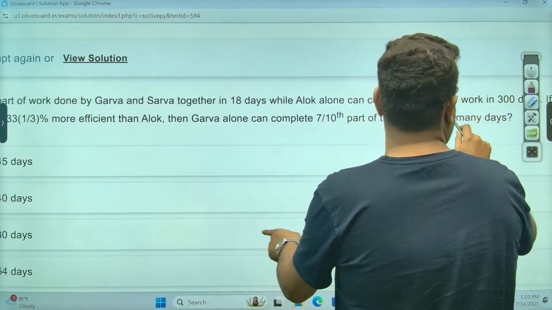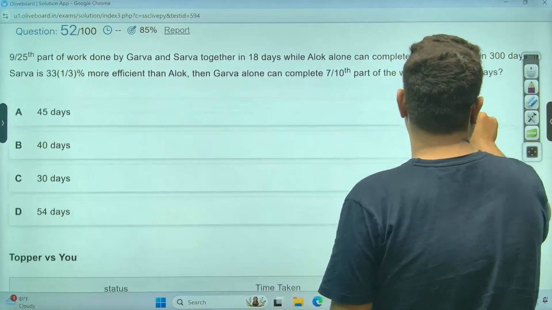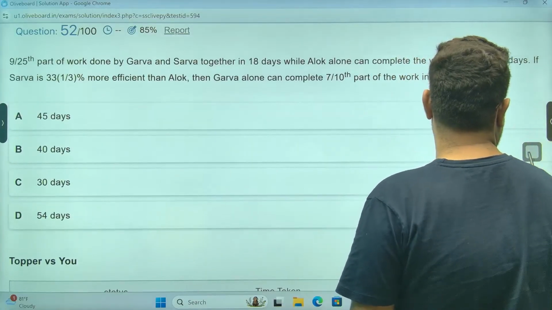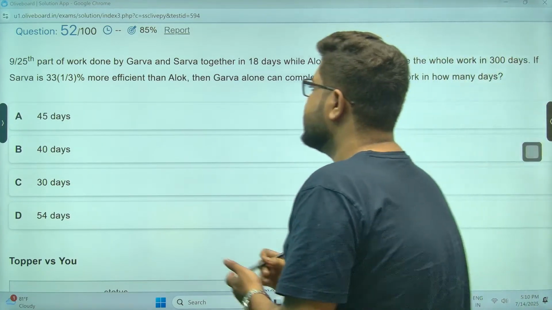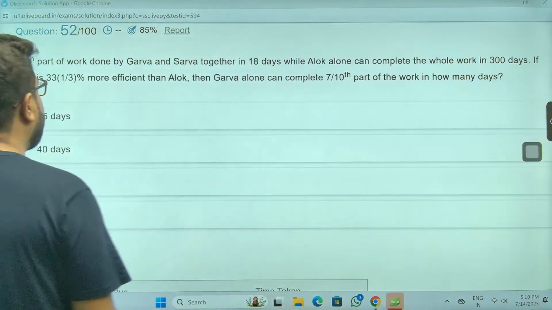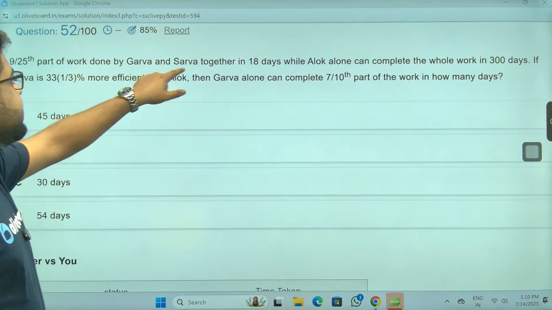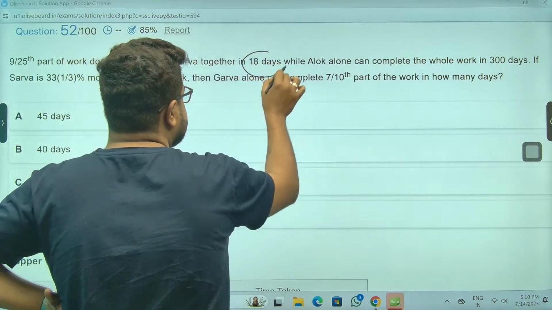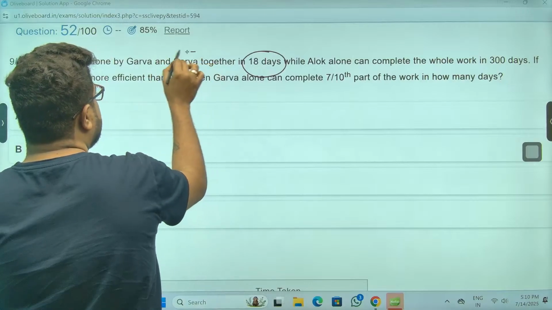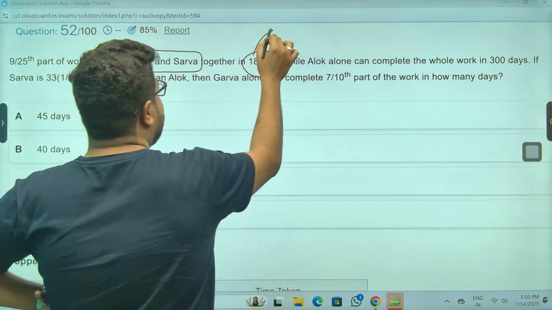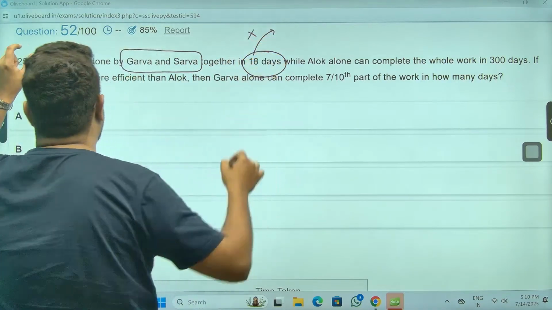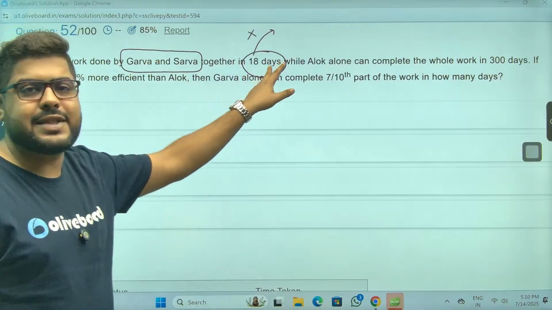This is a time and work question. Let's read it. 9 by 25th part of the work is done by Garva and Sarva in these many days. That means the total work done by them will be 18 times 9 parts out of 25 parts in these many days.